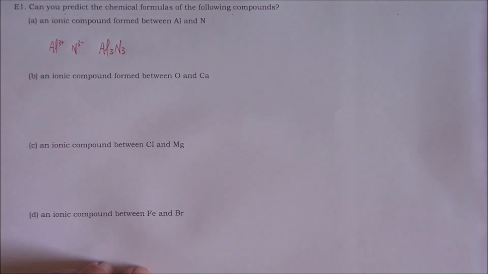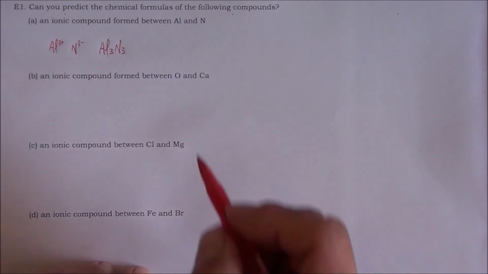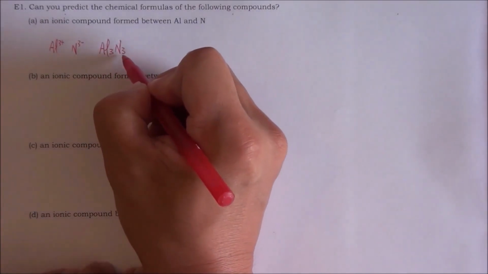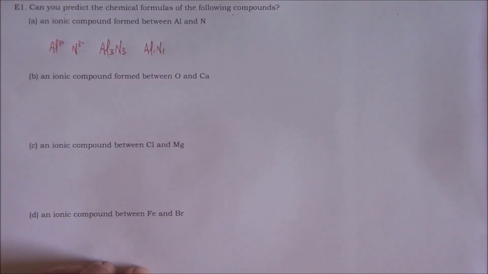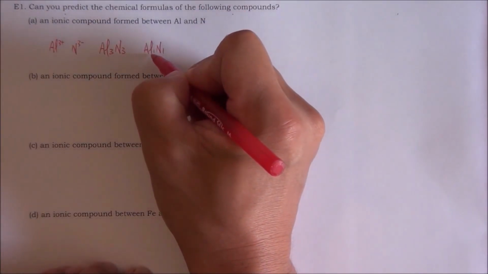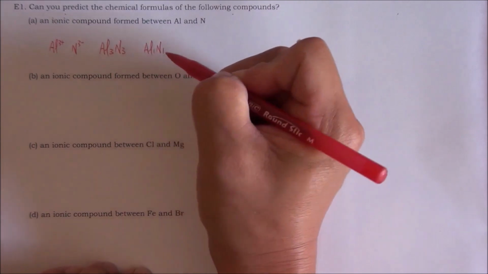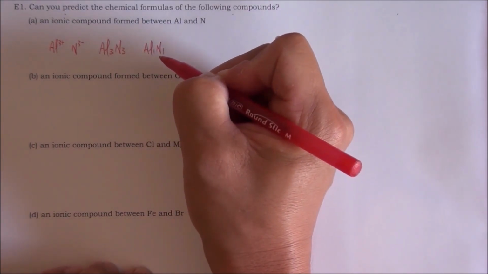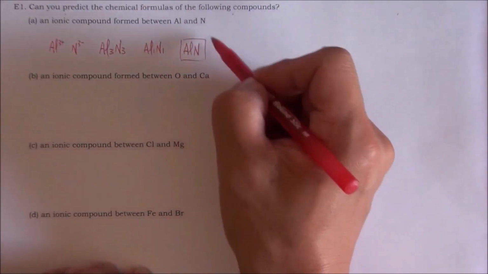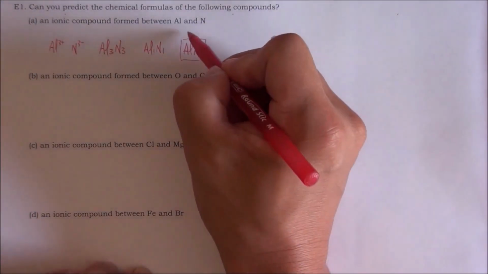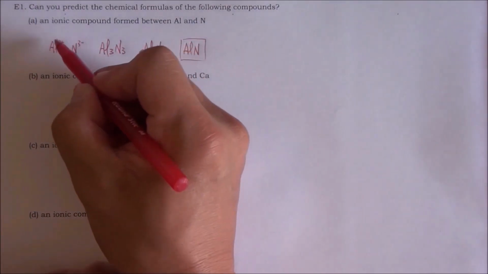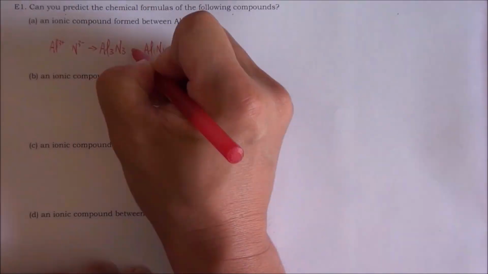Then we need to find the smallest whole number ratios between these 2 numbers, which is 1 to 1. The rule says if the number at the bottom right corner of the element is 1, you have to omit that number. This will be our final answer. I want to emphasize during an exam or a quiz, this is all I need. You do not need to show this part.